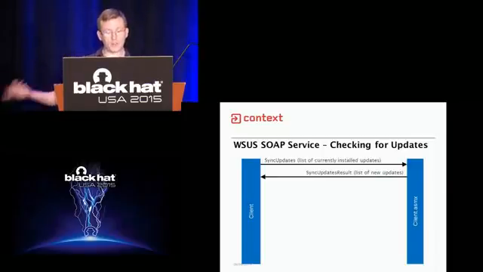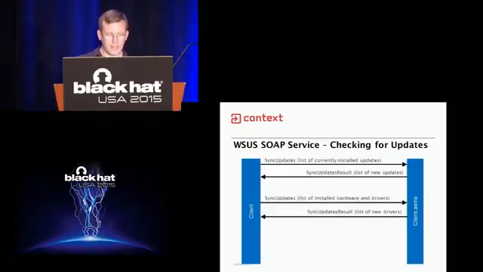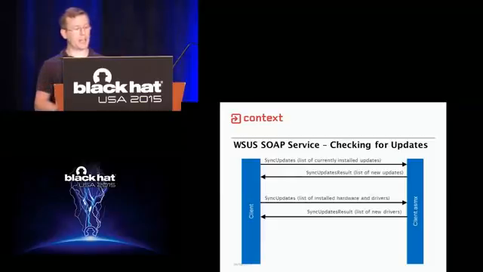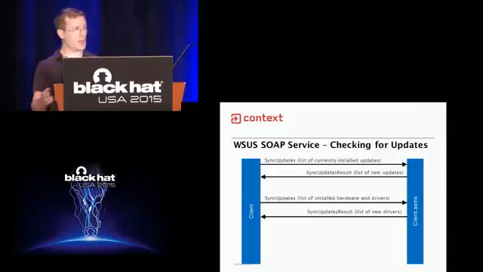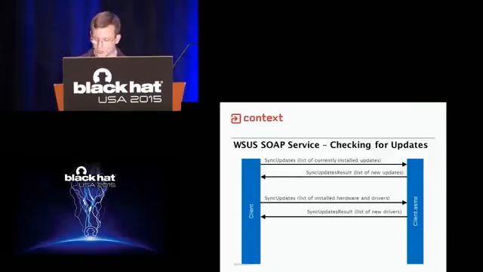Then the server responds with what new updates there are, if any. Next, it does another call to sync updates, but this time it's looking for hardware updates. Essentially, it sends a list of all the hardware and all the driver versions and so on that it's got. Again, the server responds and says either you're up to date or there are some new drivers that you need to install.